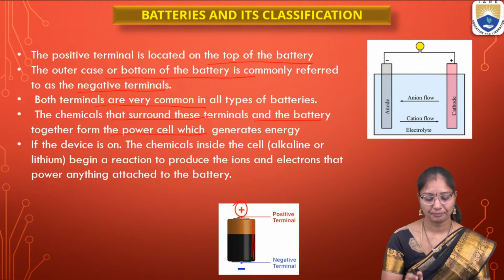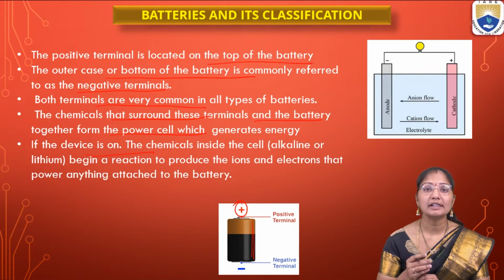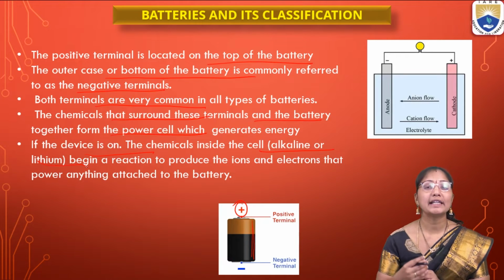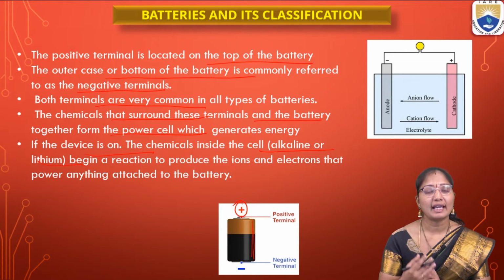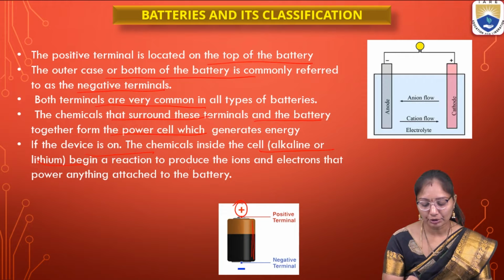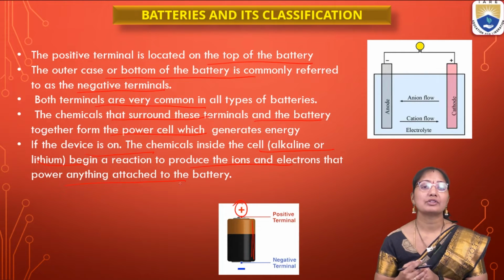If the device is on, the chemicals used in the cell, maybe alkaline or lithium, begin to react. It produces electrons. So an electrochemical reaction takes place in that battery. It produces the ions and electrons that power anything attached to the battery.